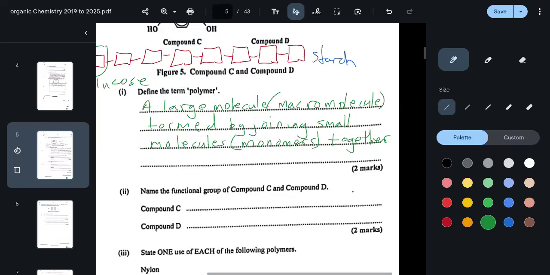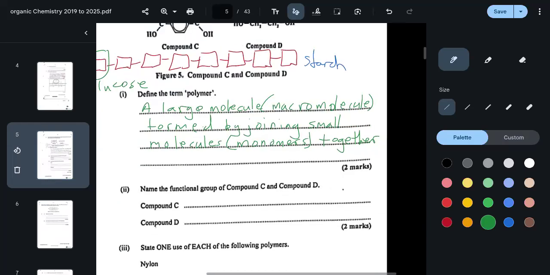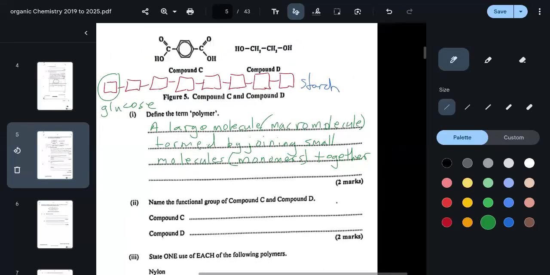And it says name the functional group of compounds C and D. All right, so let me just zoom back out. So what is the name? So when it comes to alkane and alkene, their functional group doesn't have a name. So it would just say state the functional group. So if compound C was an alkane, it would just say state the functional group, and you would put carbon to carbon single bond.